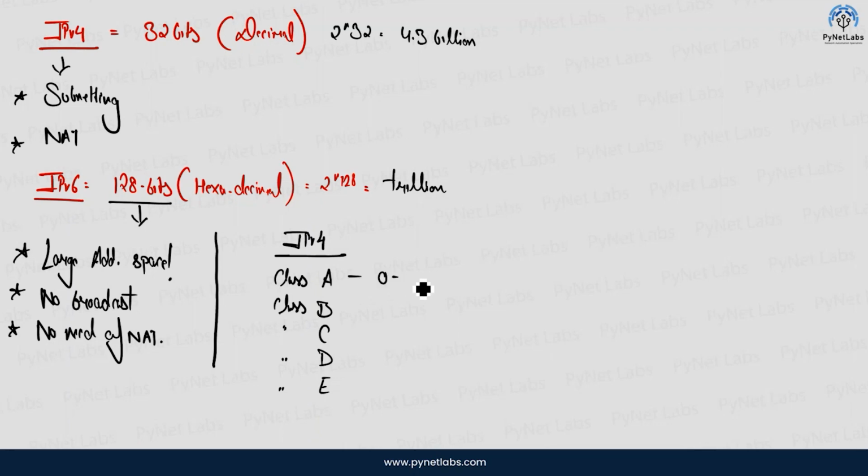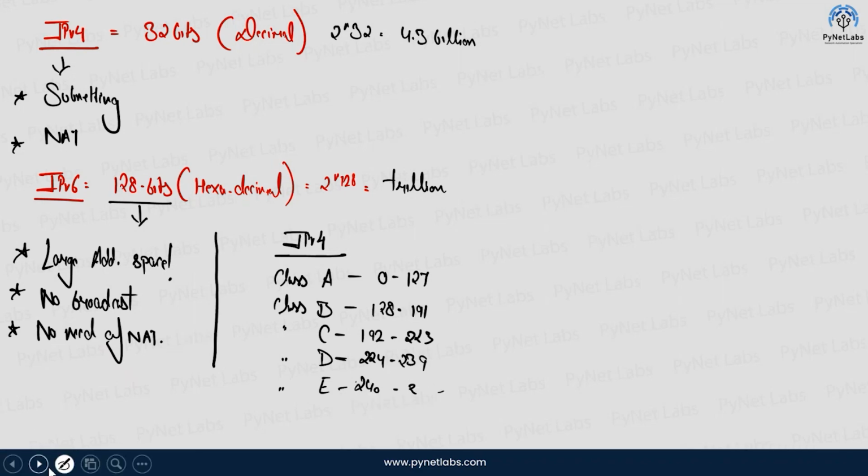Class A starts from 0 to 127, B from 128 to 191, C from 192 to 223, D from 224 to 239, and E from 240 to 255.